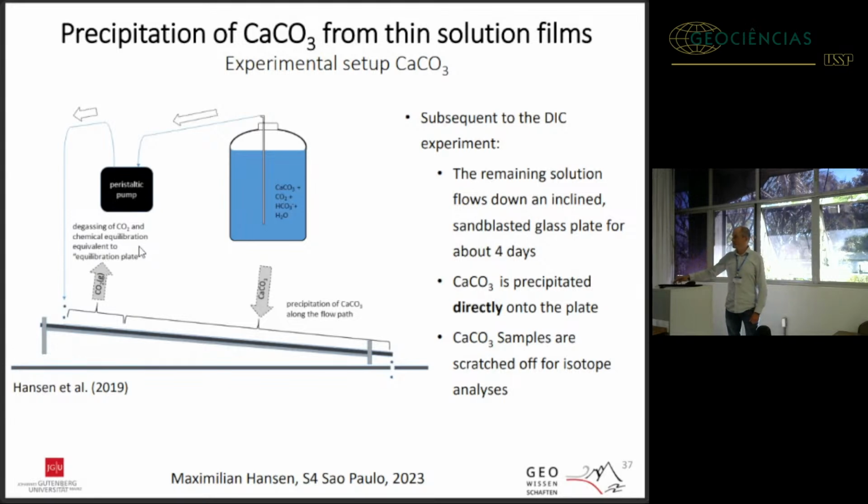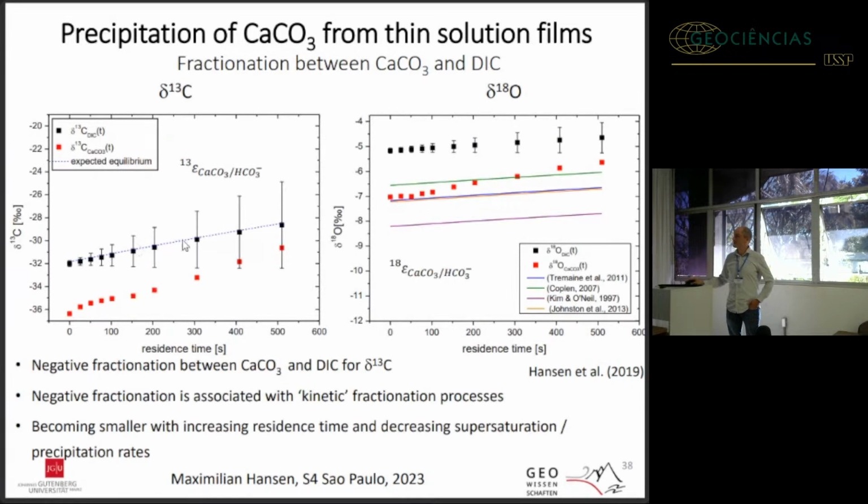And this is what we've done here. This is an example for 20 degrees Celsius. And what you see here is again the residence time of the solution, and the different isotope values from the DIC and from the calcium carbonate.